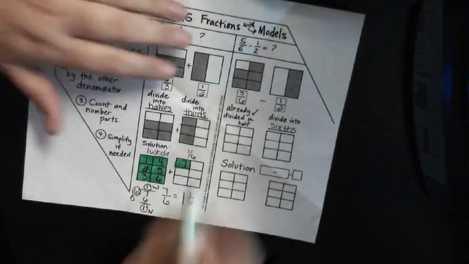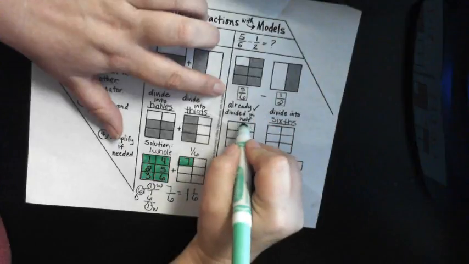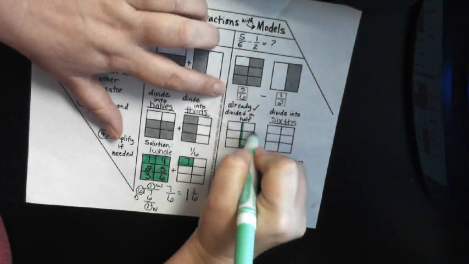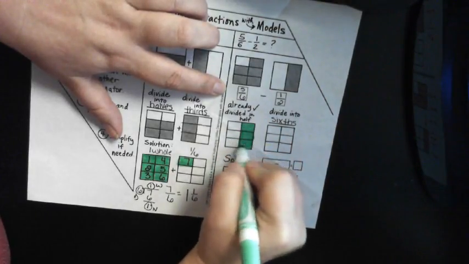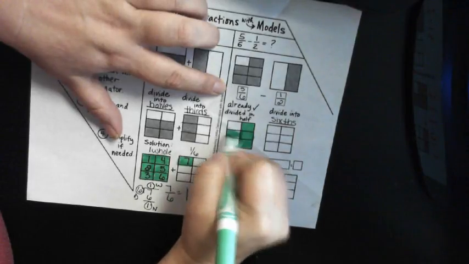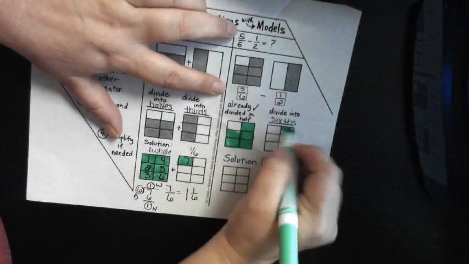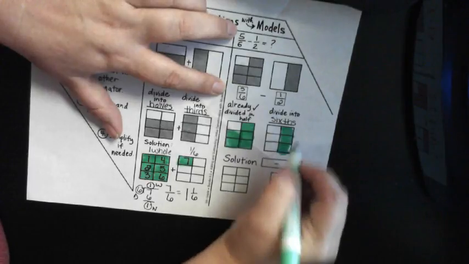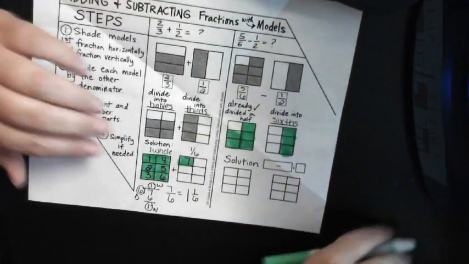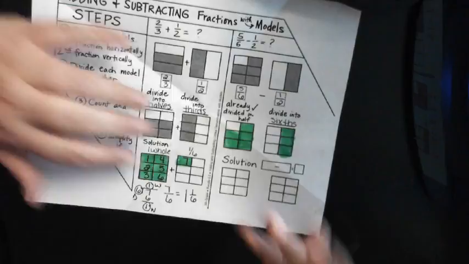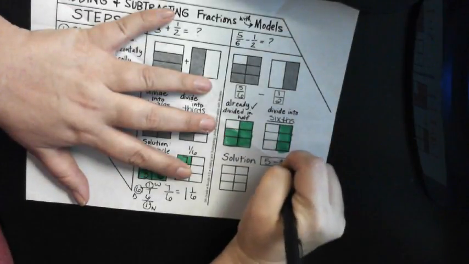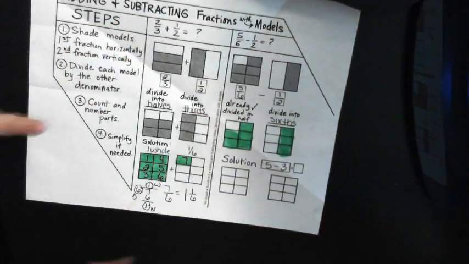Let's color it in here. I need 5. And here I still need my 3. I need to be able to go 5 minus 3 because I need them to be the same.